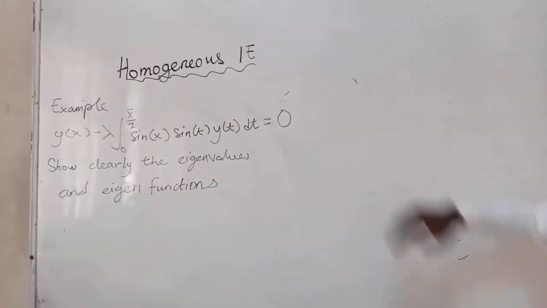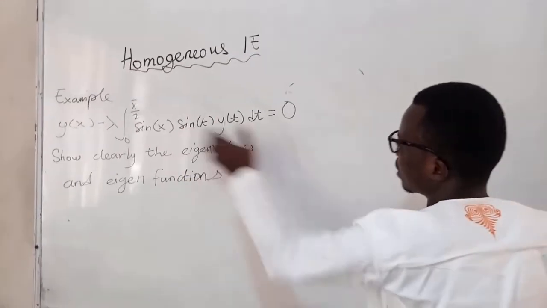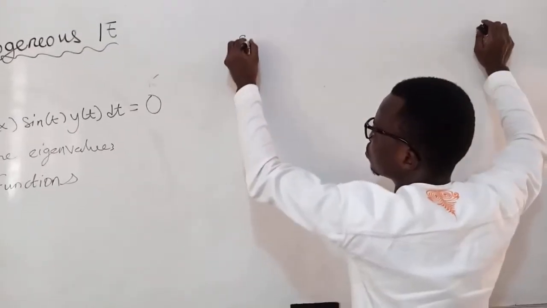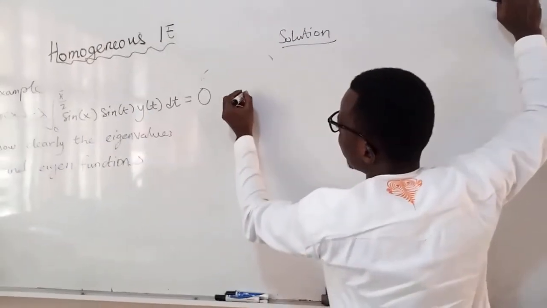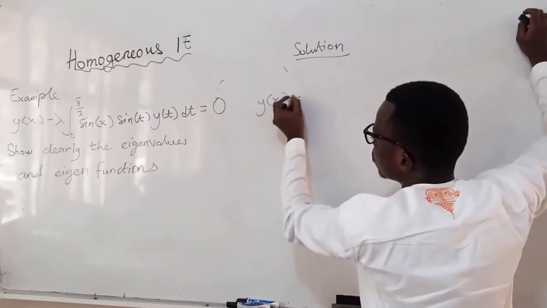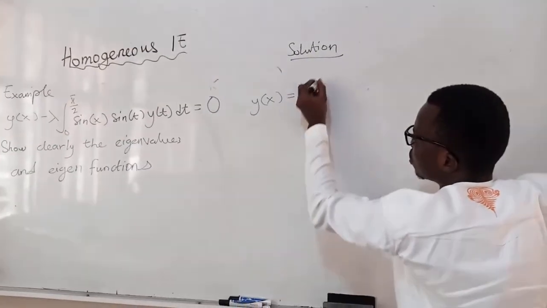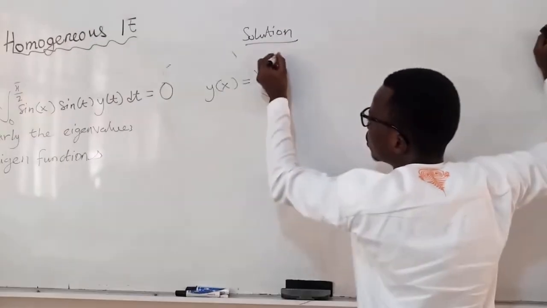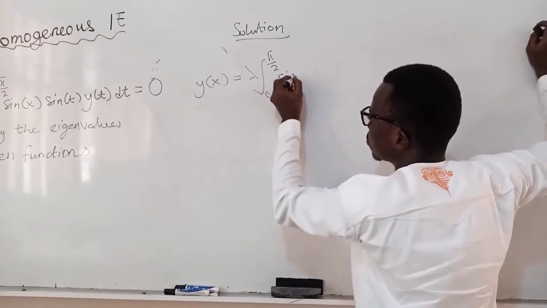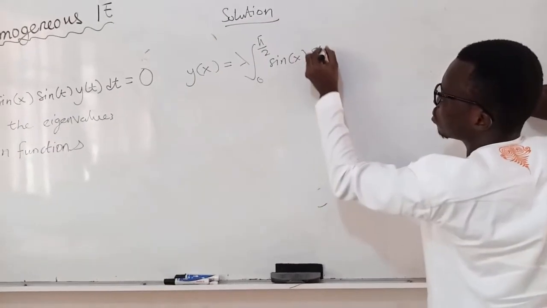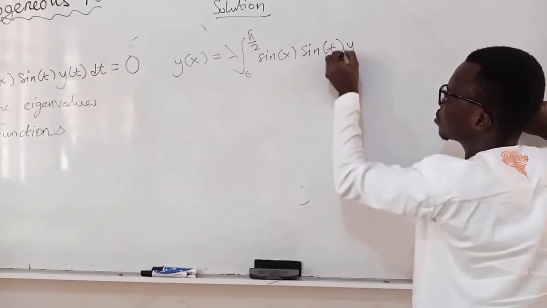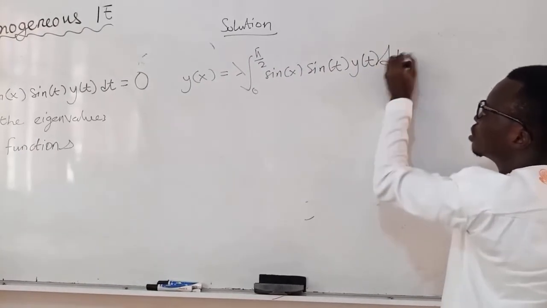So we can rewrite this equation as y(s) equal to lambda times the integral from 0 to pi over 2 of sin s sin t y(t) dt.